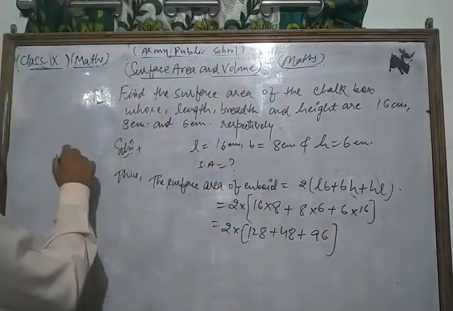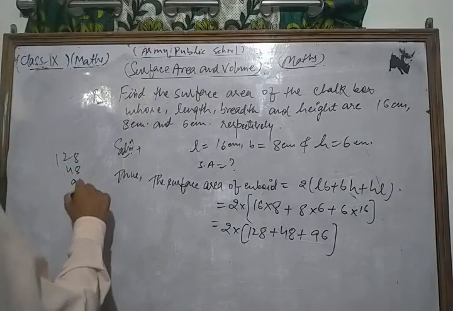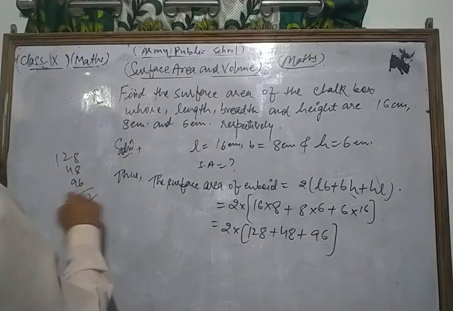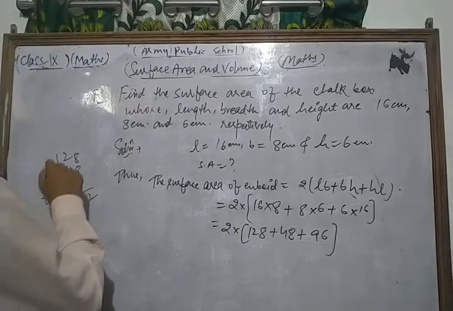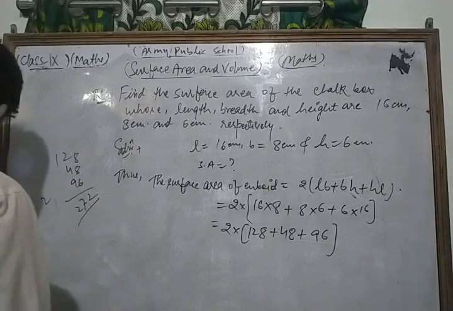Now we add them: 128, 48 and 96 gives 272.